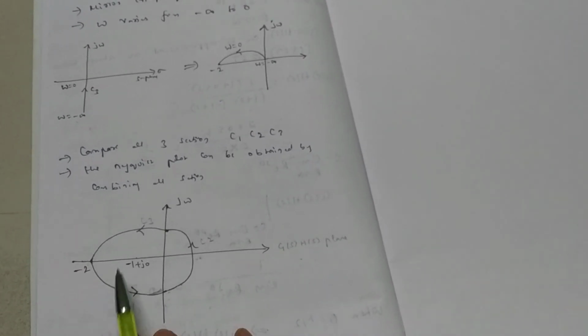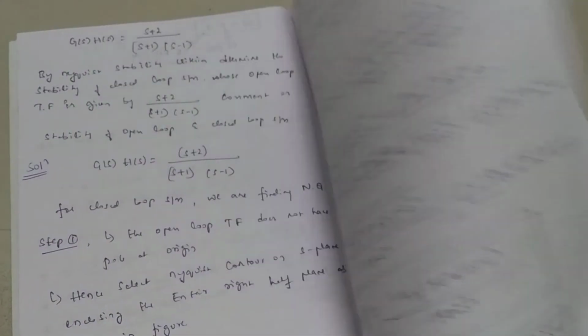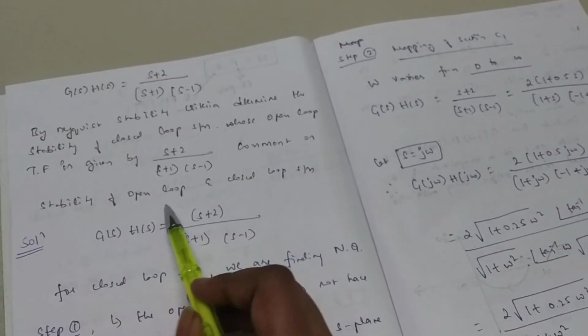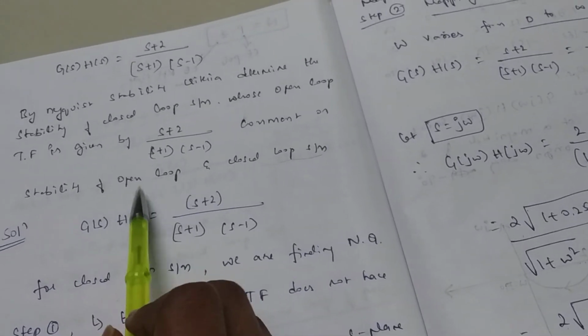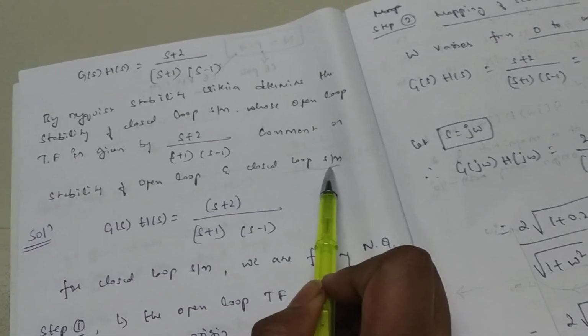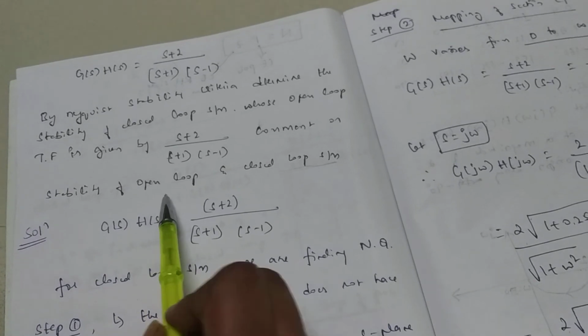Here in the question, we have to observe the stability of the open loop and closed loop systems. Here the open loop system is unstable and the closed loop system is stable. Why is the open loop system unstable? Because of g(s) and h(s) having a pole on the right side, which means it is unstable.